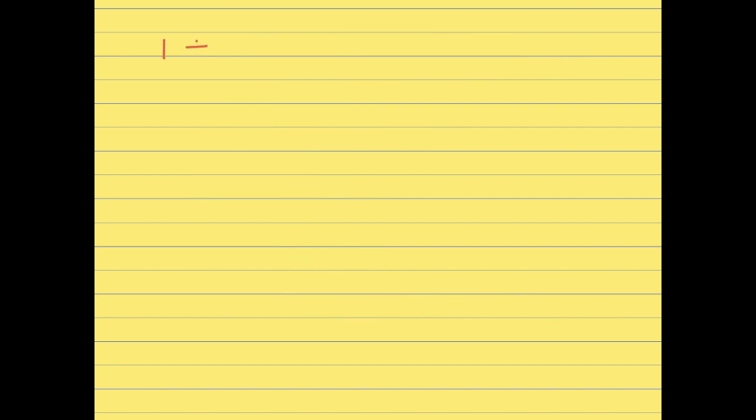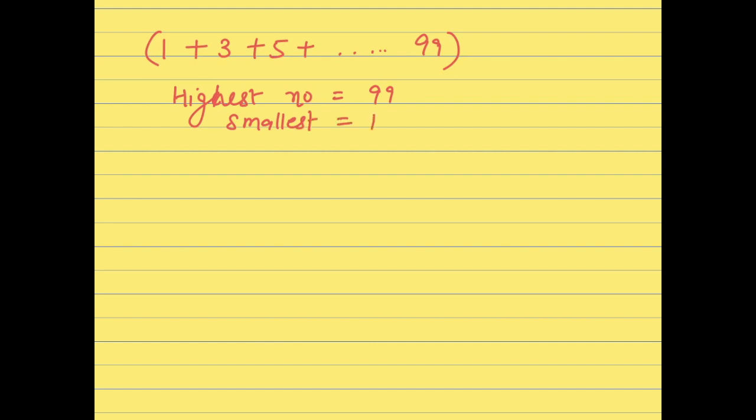For the next sequence, the numbers are like this. In this, the highest number is 99 and smallest is 1 and the difference between the two numbers is 2 again. That is 3 minus 1.